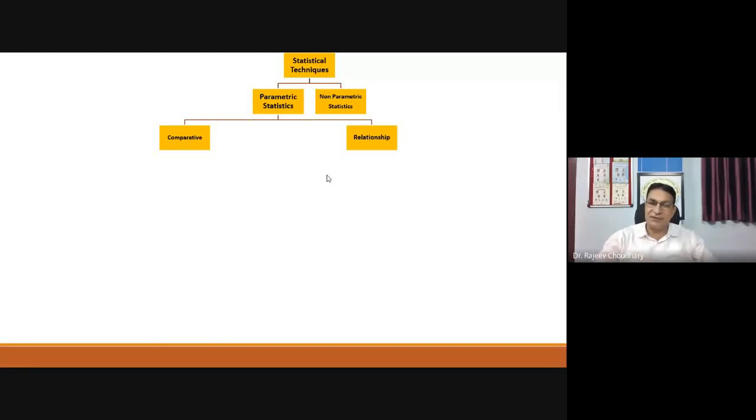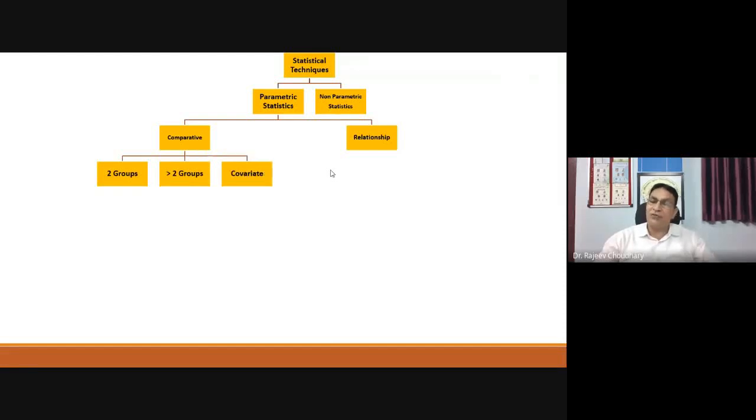Let's start with the first, that is comparative. The smallest comparison is possible between two groups. Ladies and gentlemen, keep in mind that we can compare two groups. I will discuss with hypothetical examples. And we can compare more than two groups also. We can compare with a covariate also.